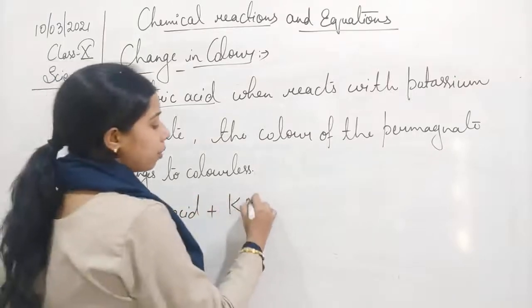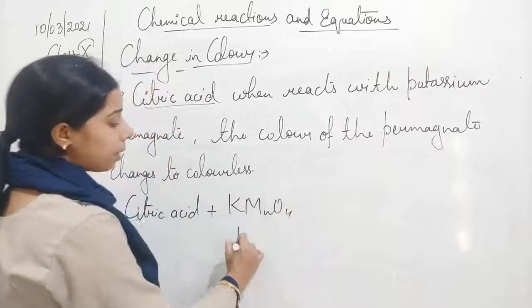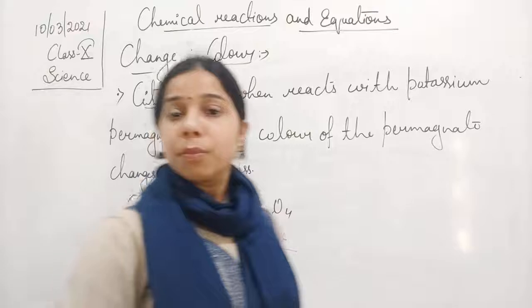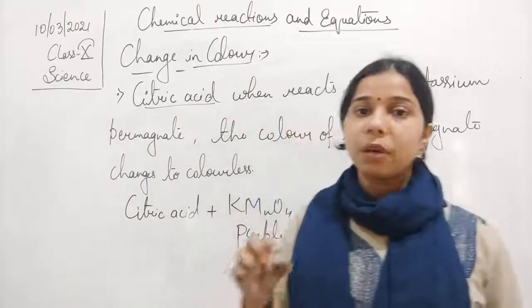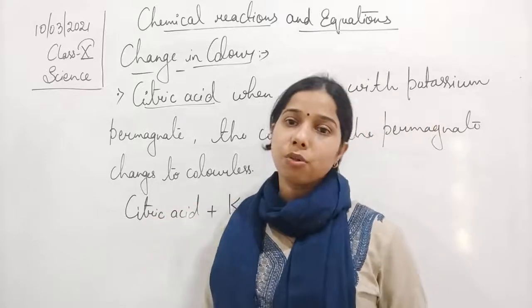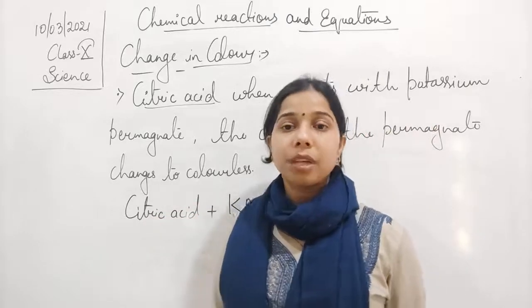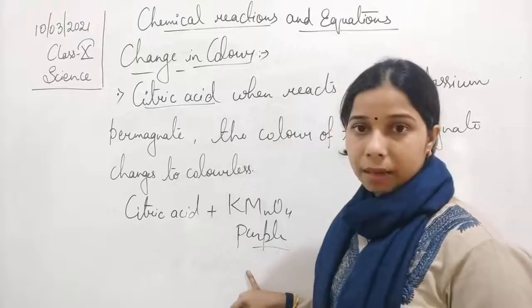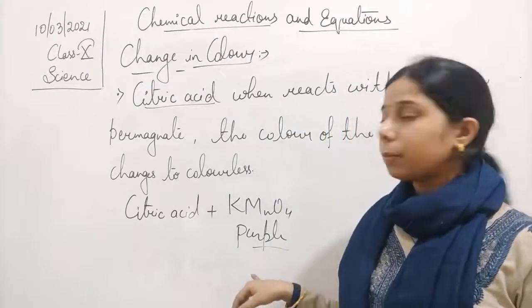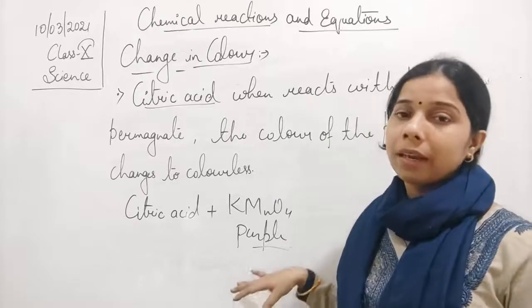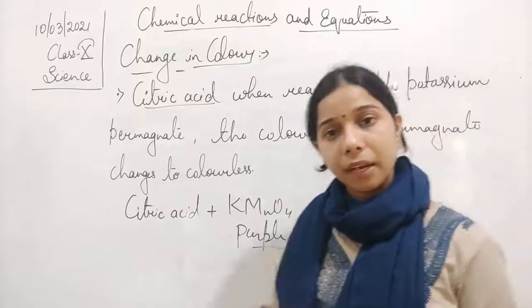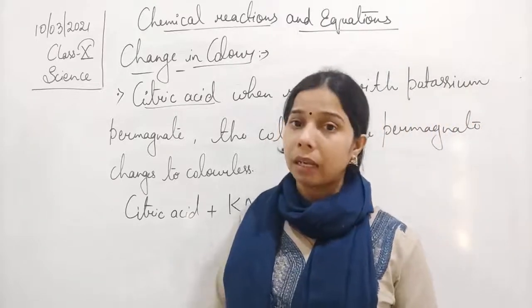Basically what happens, students, is potassium permanganate is purple in color. Okay, so suppose in a test tube or in a beaker you have taken potassium permanganate and then you add lemon juice drop by drop to this KMnO4, the color of the potassium permanganate, which is purple, starts fading and finally it becomes colorless.